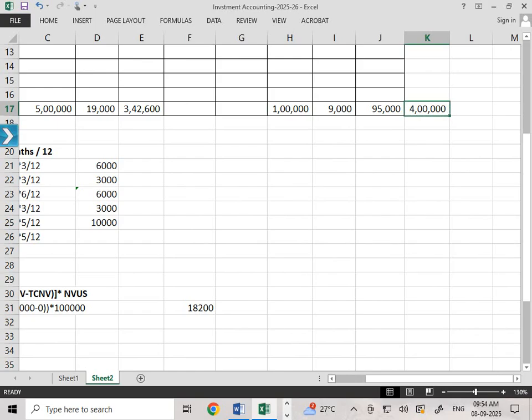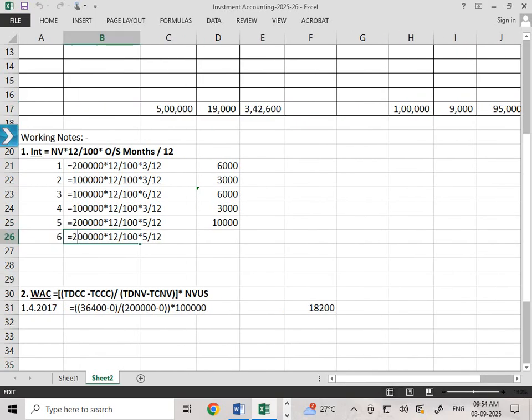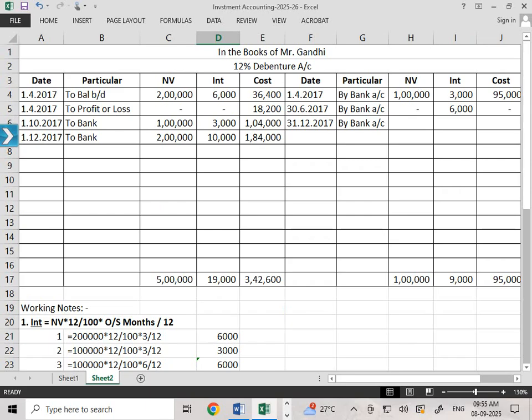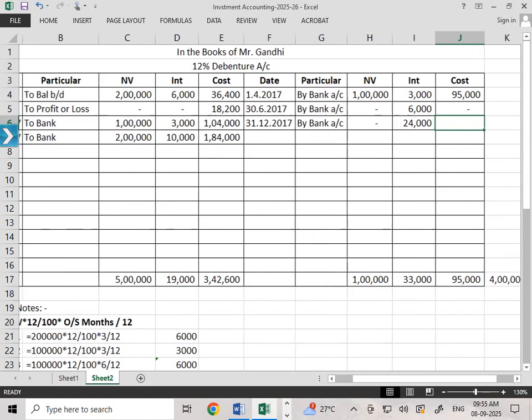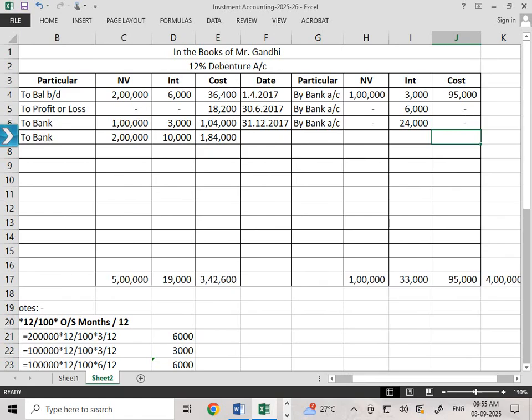So we have to calculate that interest on 4 lakh. 4 lakh, 12% for how many months? 6 months. How much it comes to? 24,000. Very good. So here I'm going to receive 24,000 interest. Nominal value column 0, cost column 0.